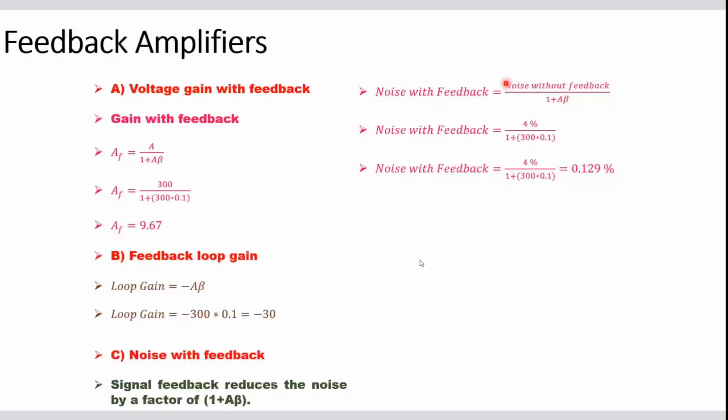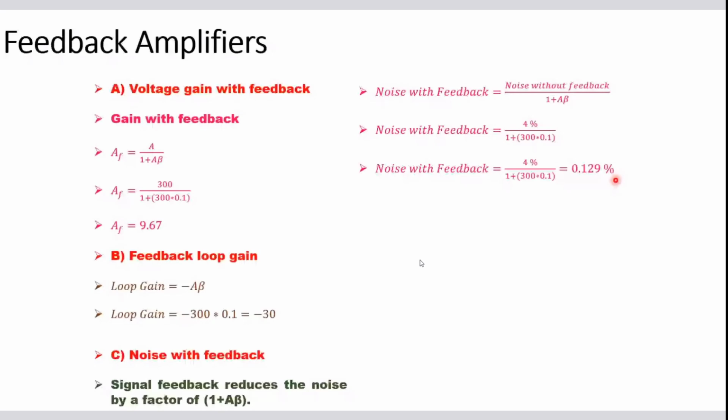Now my noise with feedback is 0.129%. Look at the difference with the distortion. Without feedback it is 4%, but with feedback the amplifier has around 0.129. Distortion is very bad for an amplifier, so we have drastically reduced it from 4% to 0.129 by introducing feedback. That's what we have to observe here.